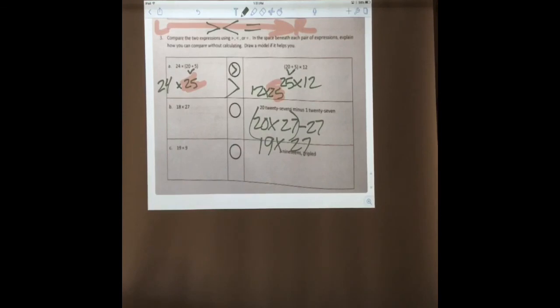Is that correct? So that means we could say, okay, which one's bigger? The 18 or the 19? The 19. So 18 times 27 is less than 19 27ths, right? All right, I hope this helped. I love math.